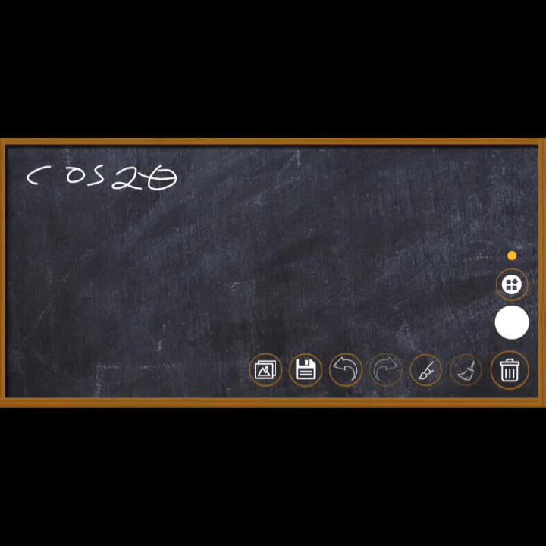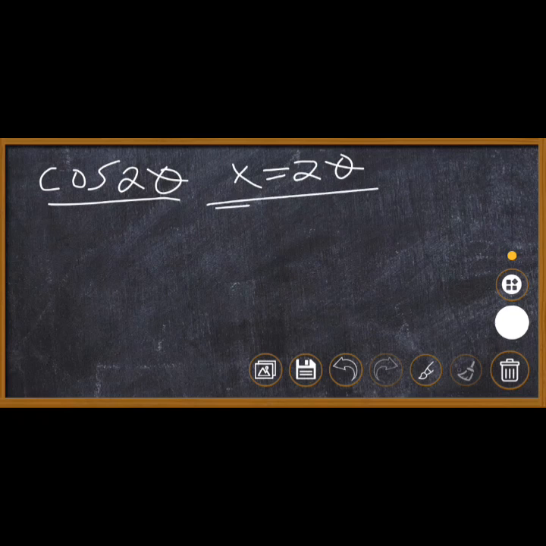If you have been given cos of 2 theta, in this case you can say let x equal to 2 theta, then you do whatever we have been doing before. After you have found the series, you replace where there is x with 2 theta.